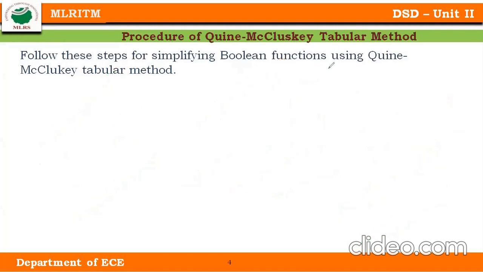So now, after finding the prime implicants chart, let's go with an example. Follow these steps to simplify the Boolean functions using the Quine-McCluskey tabular method. These are the 5 steps.